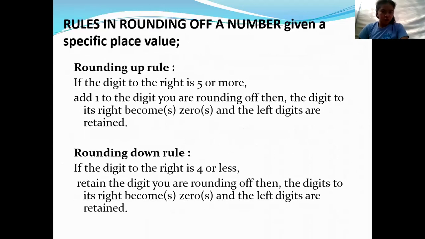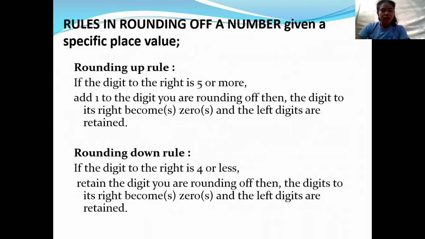Okay, let's find out why. We have here the rules in rounding off a number given a specific place value. Rounding up rule: if the digit to the right is 5 or more, add 1 to the digit you are rounding off.